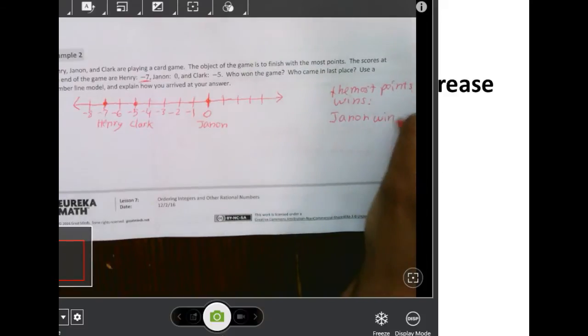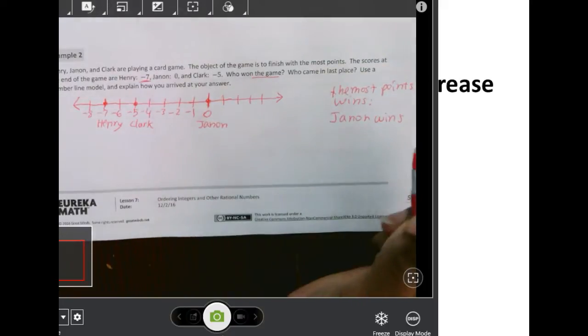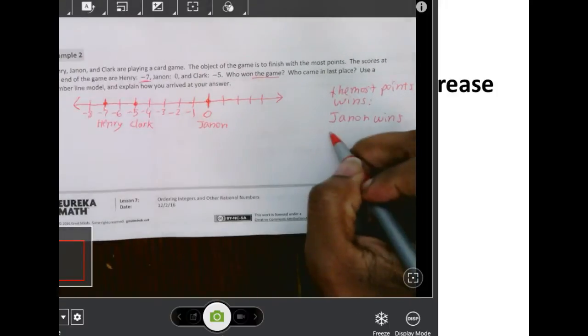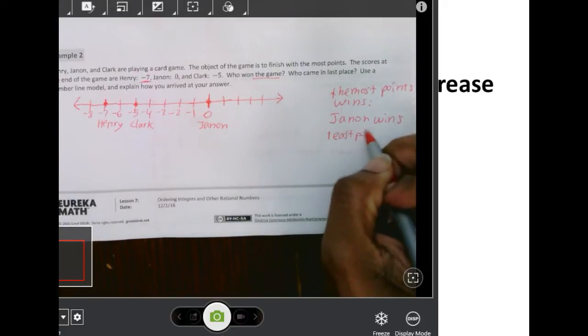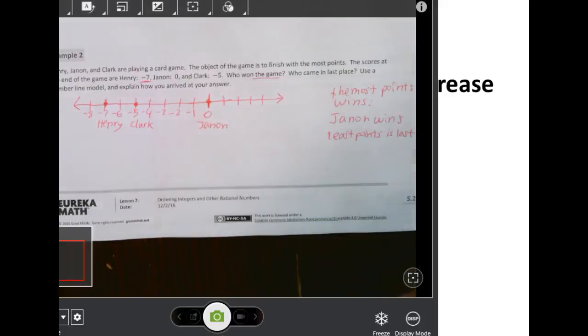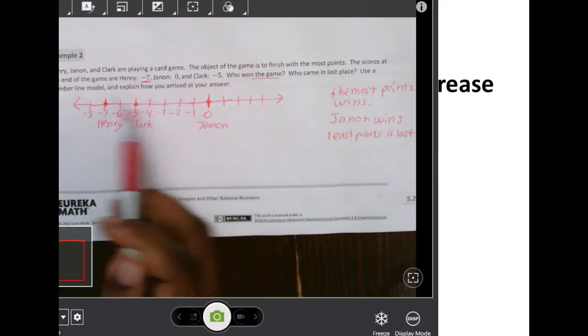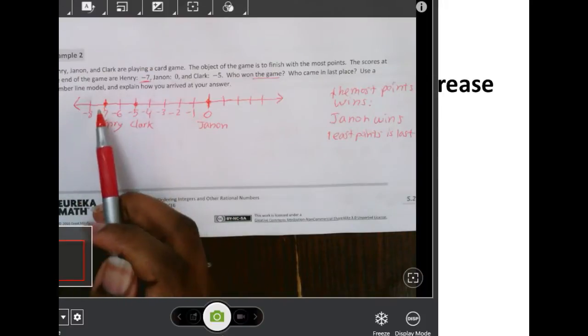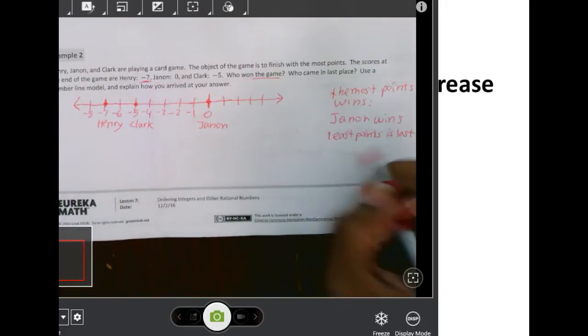The next question, who came in last place? So last place is the least points. Again, we're going to see which number is the farthest to the left, because we are decreasing as we go left. And if I look at this, Henry is the farthest to the left, so he is the loser.